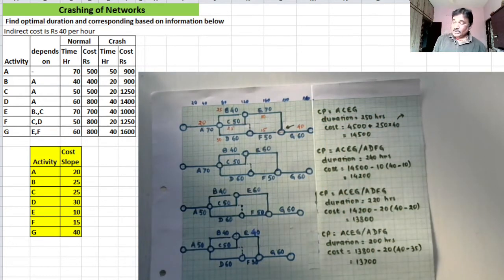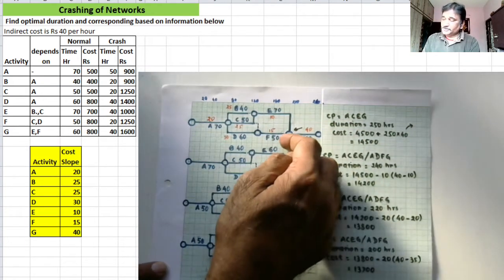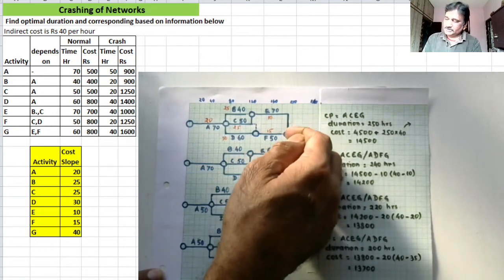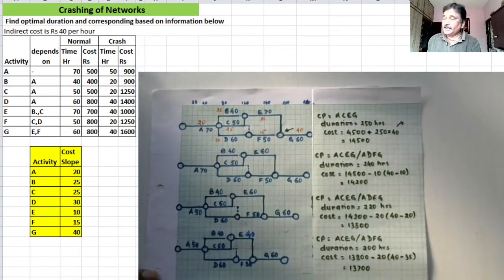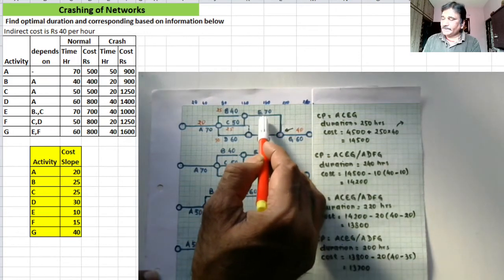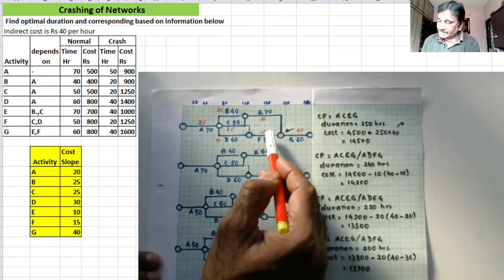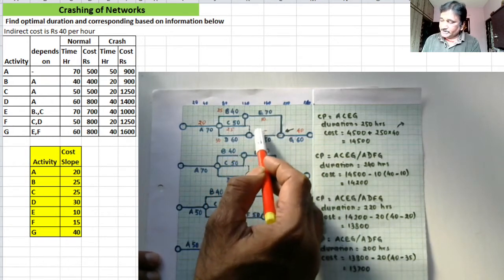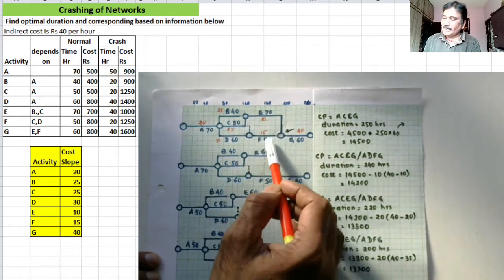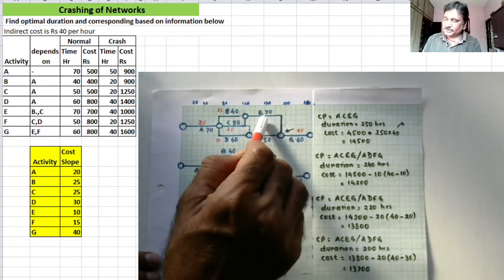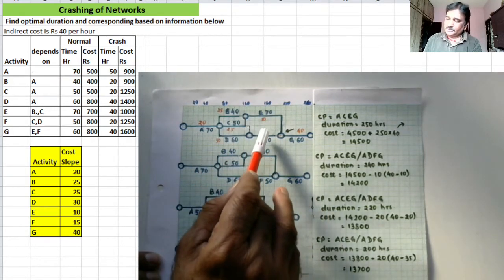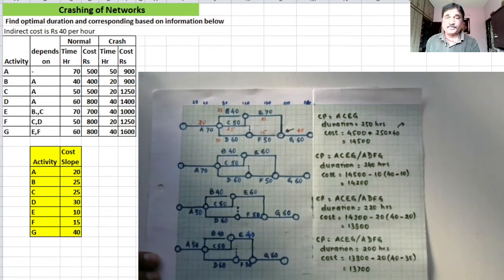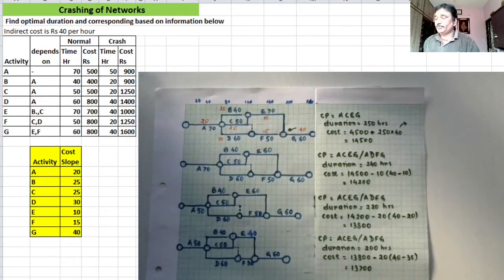So until I push this point 10 hours inside, there will be a resistance of 10 only. But if I continue pushing it ahead, there will be a combined resistance because of two activities. Because of this activity there will be a resistance of 10, and because of this activity there will be a resistance of 15.